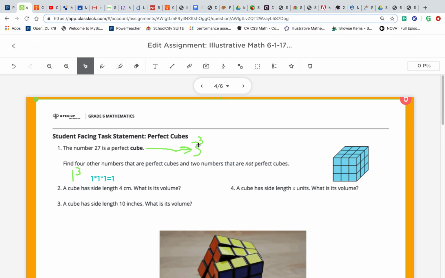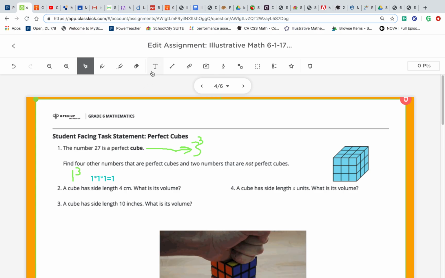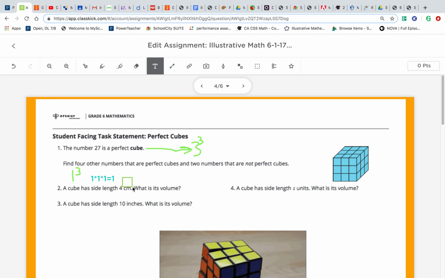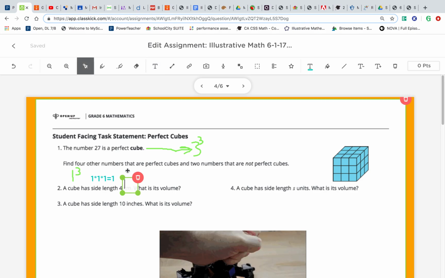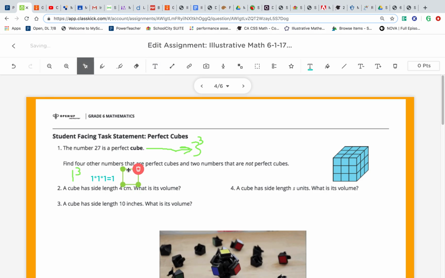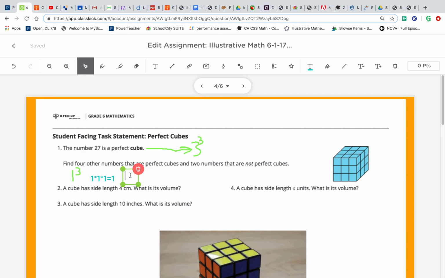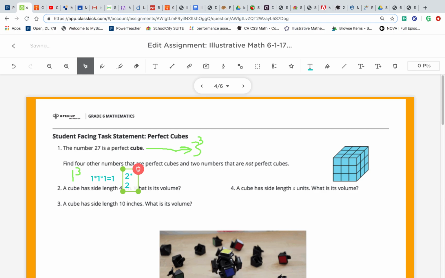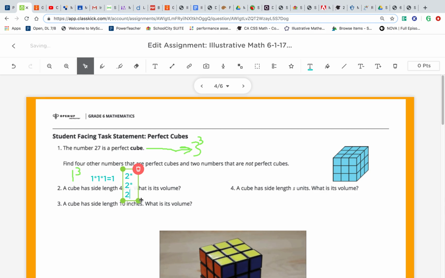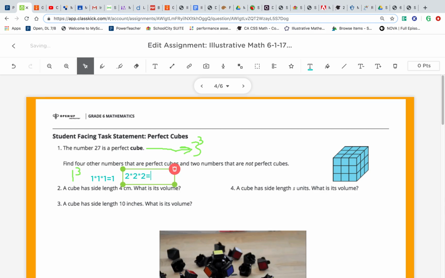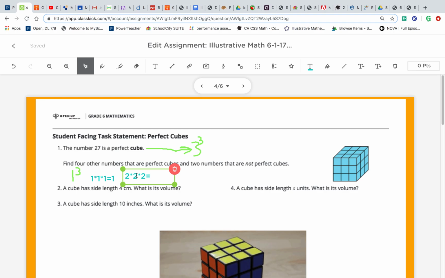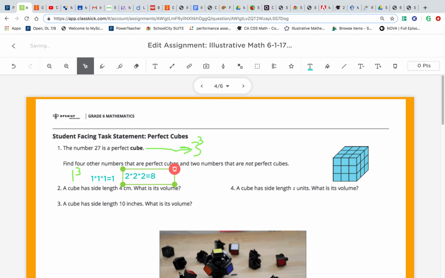3 cubed we've already covered. Well, let's think about the number 2. If we have 2 cubed, that's going to be 2 times 2 times 2. 2 times 2 is 4, times this last 2, that's going to be 8.